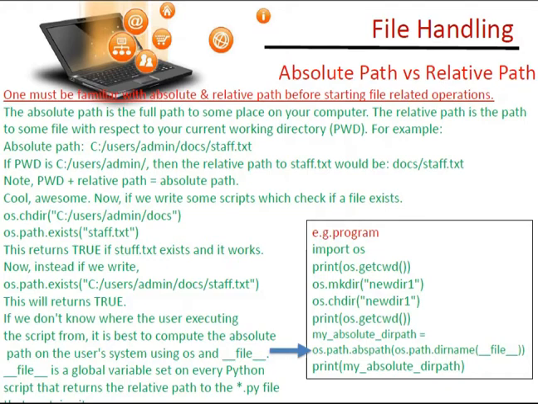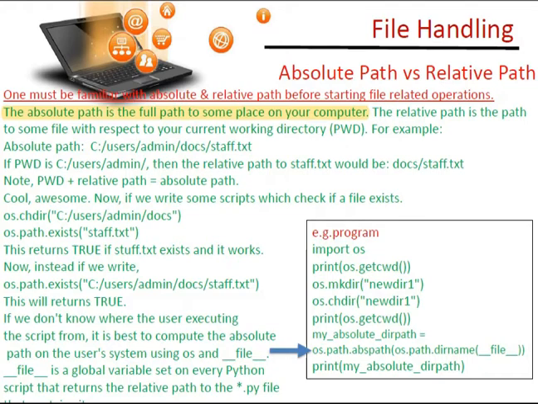Before going to actual writing programs, after reading some procedures and functions related to the system, we should see how to bring the text file from a path. The absolute path is the full path to some place on a computer. The relative path is the path of a file with respect to your current working directory.